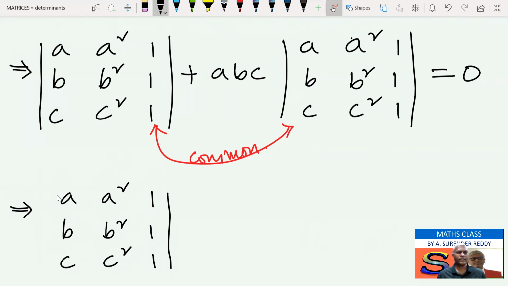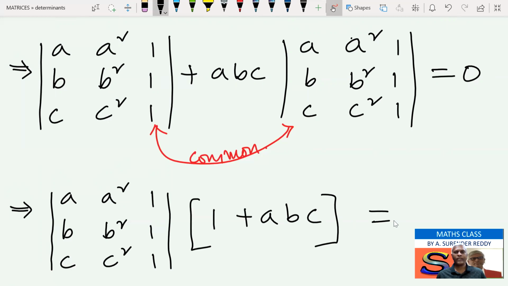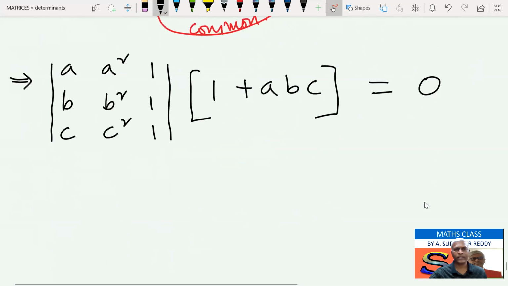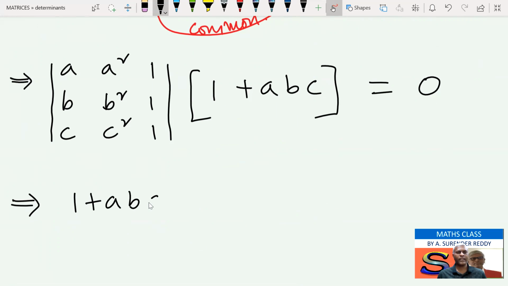I am taking this determinant as common, and what will remain in first term 1, in second term ABC. So taking the entire determinant common from two terms, we will get this one. So from this we get 1 plus ABC is equal to 0.